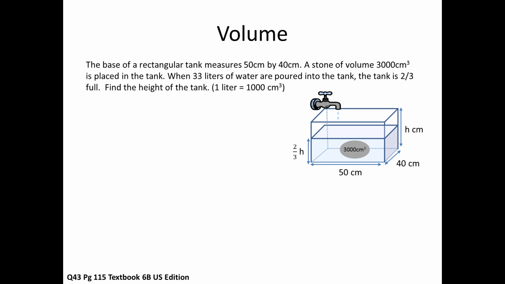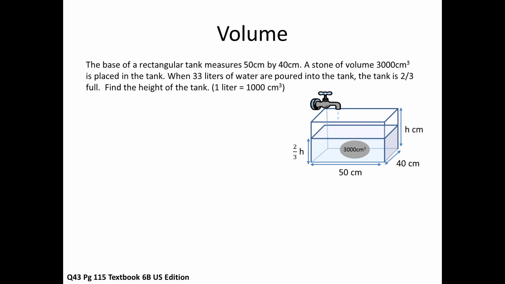Here we have the tank. The base of the tank measures 50 by 40, and we don't know the height of the tank, so we say that the height is equal to h centimeters. We have to find h. A stone of 3000 cubic centimeters is placed in the tank, and then the tank is filled with 33 liters of water.